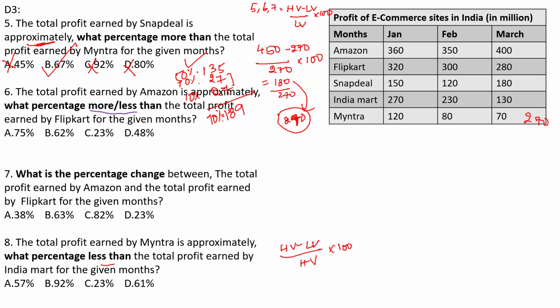Same formula, higher value x. This is also written as x minus y divided by y into 100. Like this also you can analyze, so this would be very easy to keep in mind. Difference with lower value. This is also correct. See, the total profit earned by Amazon, so Amazon's total profit would be like 360, 350 and 40.